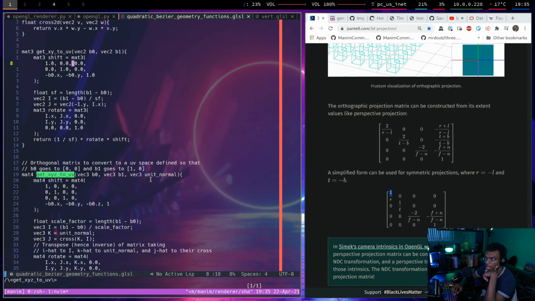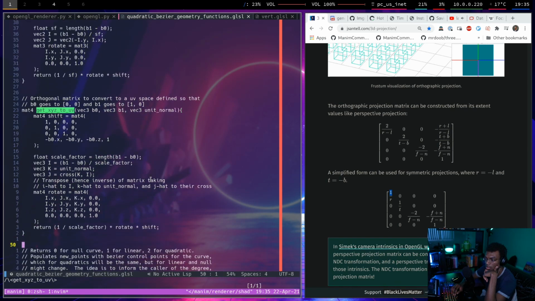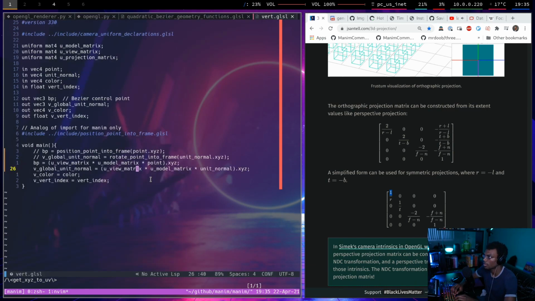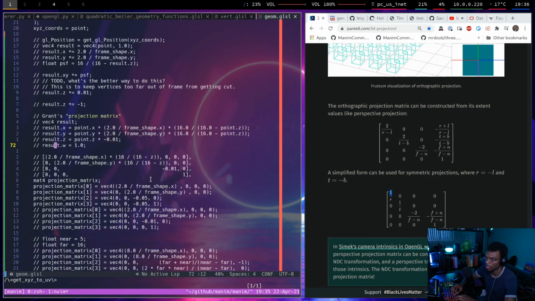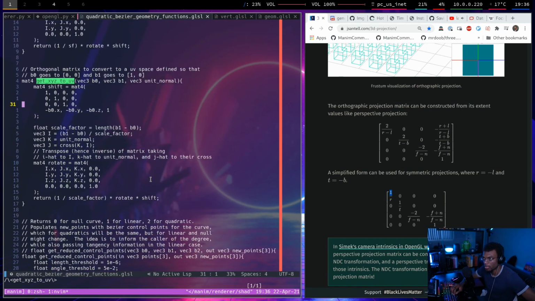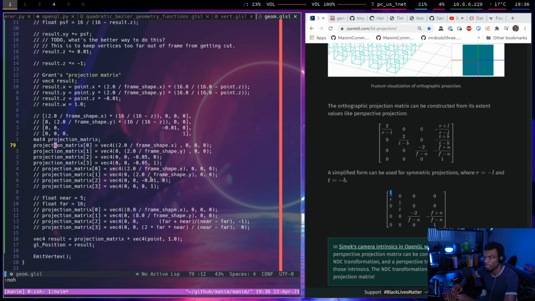And get XY to UV. Okay. Now, where's the geometry shader? There it is. So an orthographic matrix wouldn't account for zooming anyway. So that wouldn't be helpful.